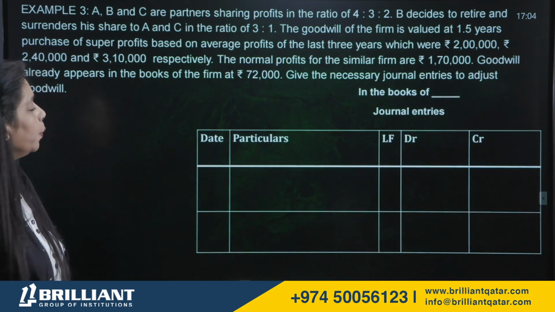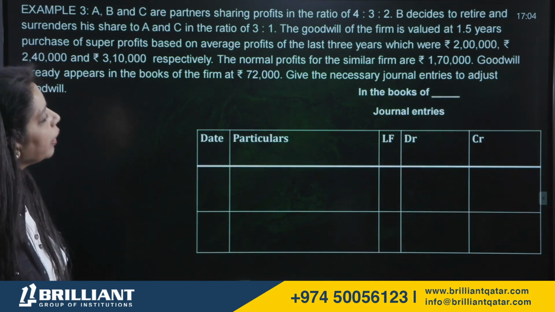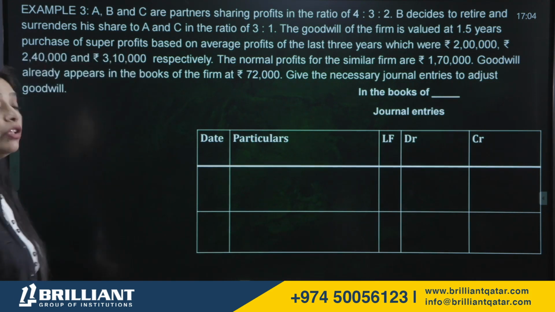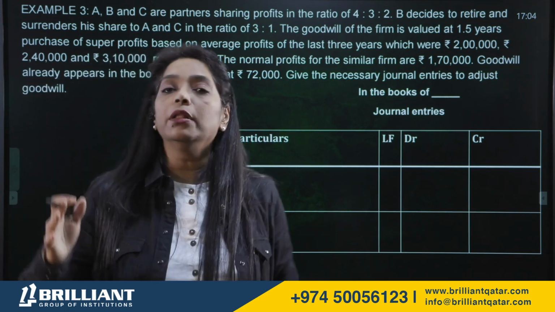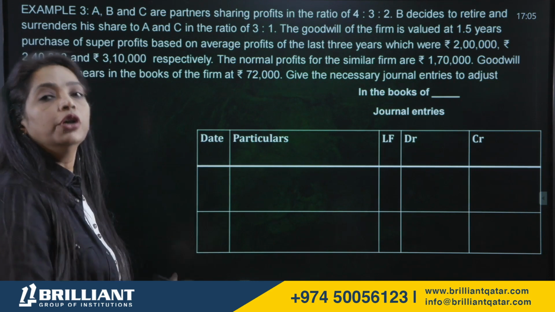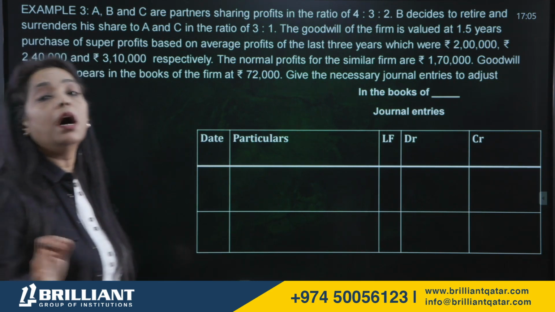Now going on to the journal entry. The first journal entry that you're going to pass: goodwill is already appearing in the books at 72,000. Any goodwill appearing in the books, or on the asset side of the balance sheet, you have to write off to all the partners in the old ratio.